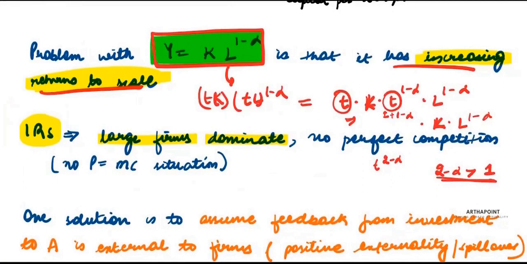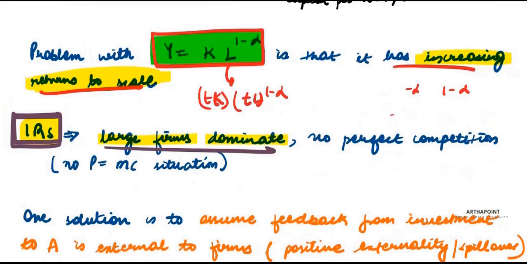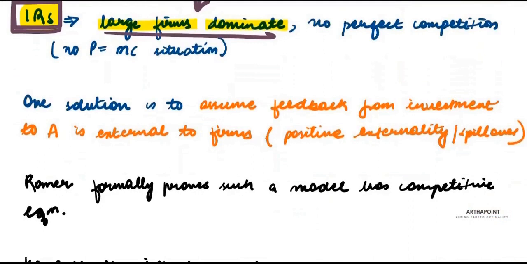Doubling labor and capital more than doubles output, so only a few firms will be able to take advantage and dominate the market. So we won't have perfect competition, we'll have imperfect competition. So one issue you might come up with in the AK model is that large firms will dominate and perfect competition will not exist.